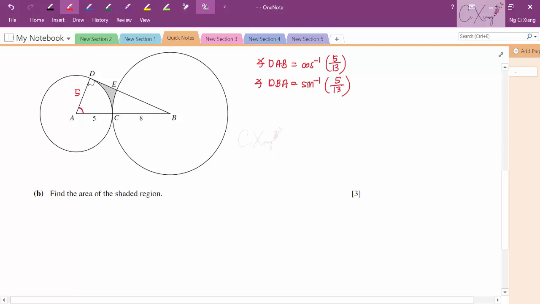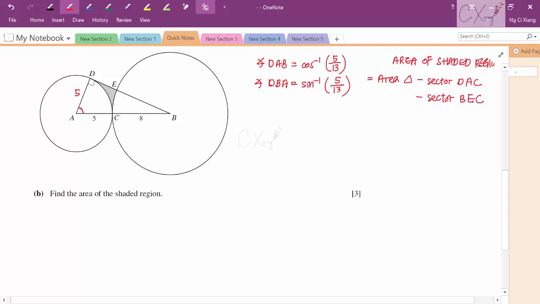Okay, and now we'll focus on how to get the area of the shaded region. So generally what we need is the area of the triangle minus the sector DAC and also minus another sector BCE or BEC.